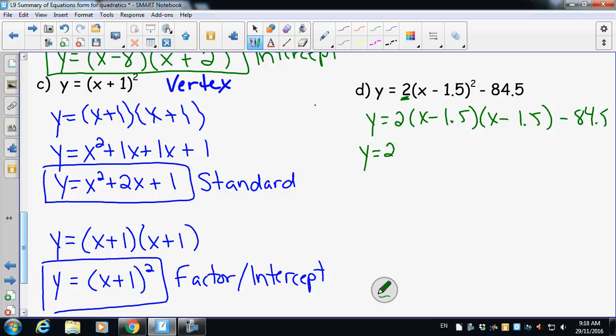I like to leave the number in front and do my FOIL first. So I'm going to do my FOIL first and just ignore that 2 to start with. And now I'm going to take and multiply everything from my FOIL by 2.